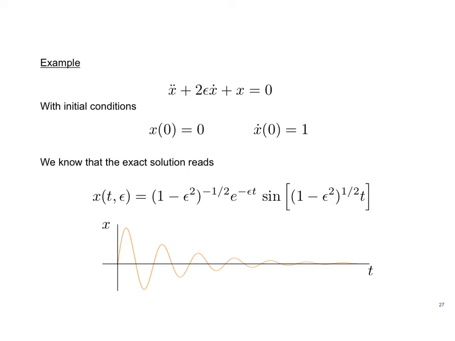Also something interesting is that this equation has an analytical solution, as you just see here. Therefore we will be able to compare the results of the perturbation theory with respect to the actual solution, which is given by the analytical expression here.